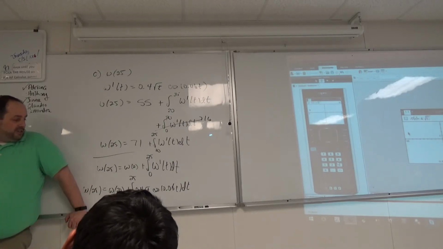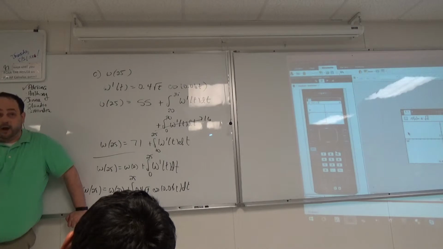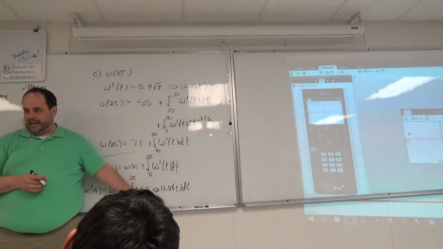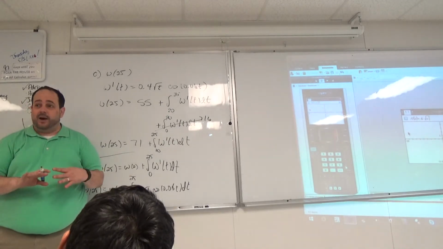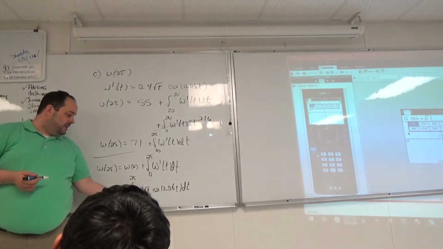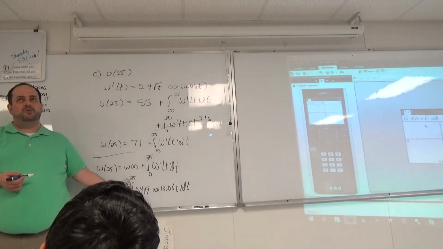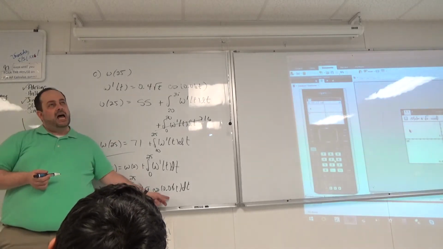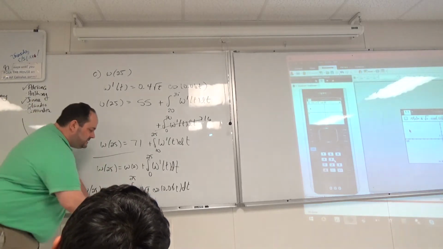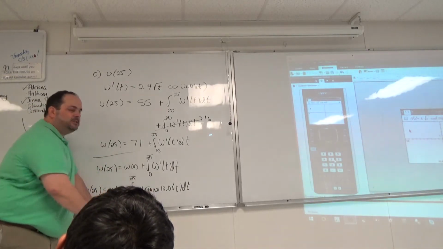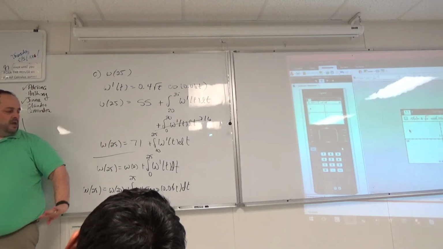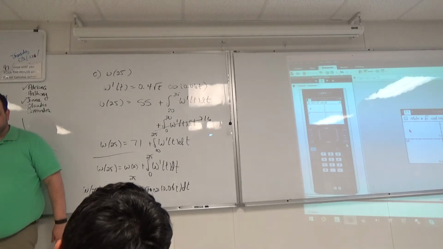First of all, none of you, myself included, could actually evaluate this antiderivative. It is not within our skill set. But they tried, they were like, oh, 0.4 times 2/3 t to the 3/2 times 1 over 0.06 sine of 0.06 t. They're totally missing the fact that this is multiplication, and that's never going to be an easy problem in calculus. You can't just break it up over multiplication.